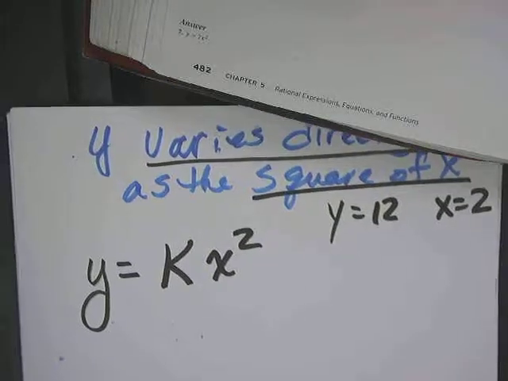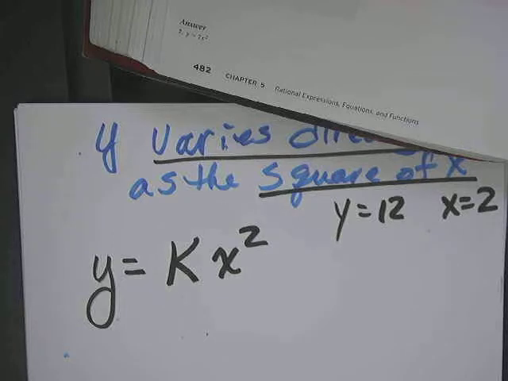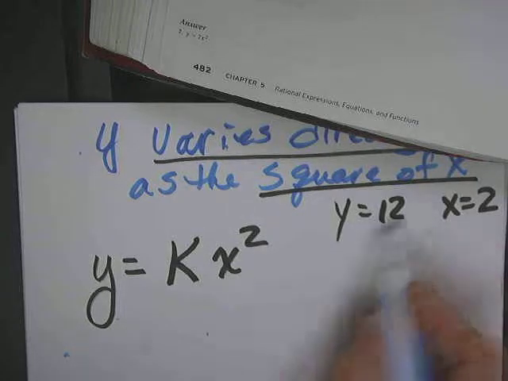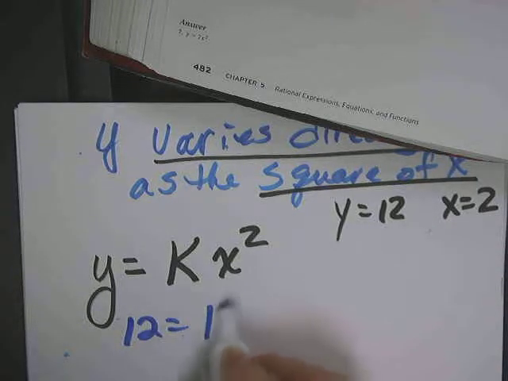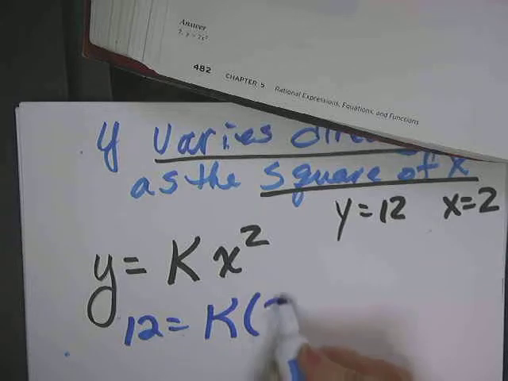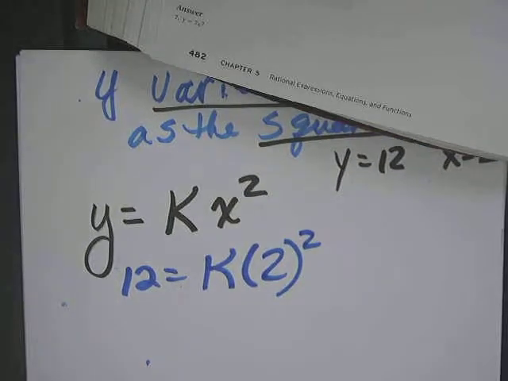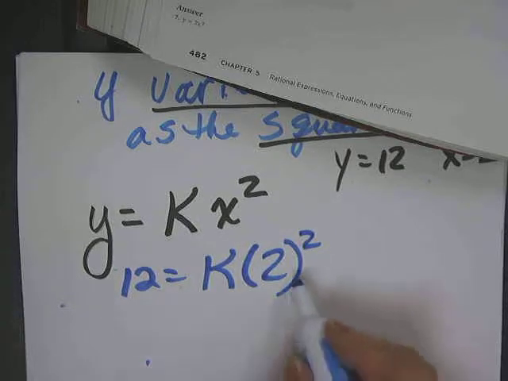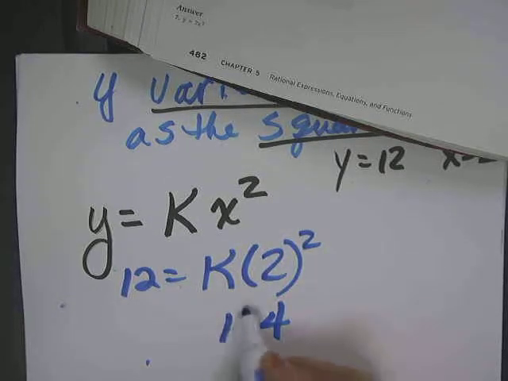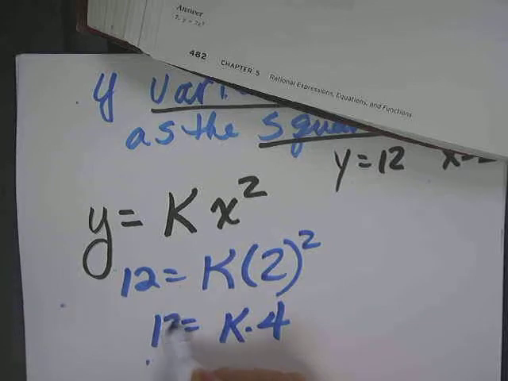Okay, varies directly. Y equals, you have a constant because it varies directly, times the square of x, so you're going to put x squared. Okay, we're going to plug in our x and y.